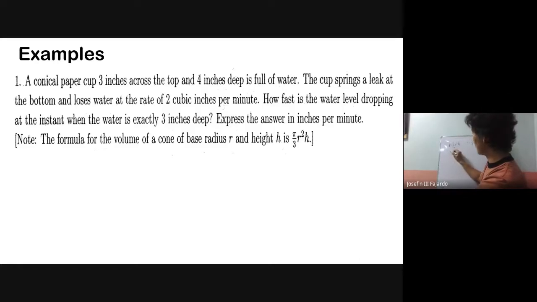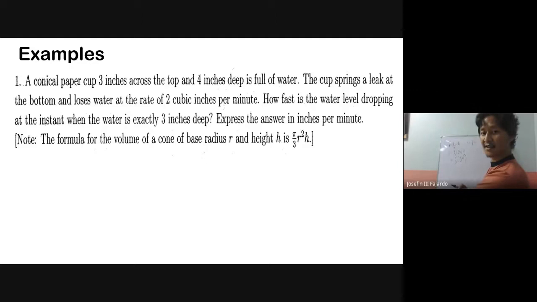So, we have v equals pi over 3 times 3 over 8 h squared h. Okay? So, with this, the volume now will be equal to pi over 3 times 9 over 64 h squared times h. So, magiging h cubed na siya.